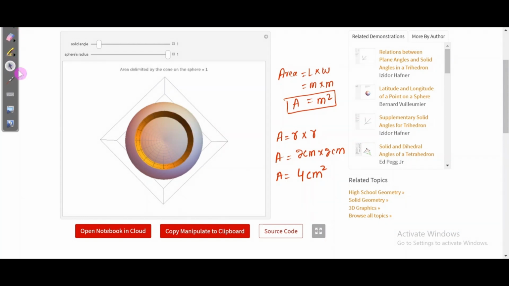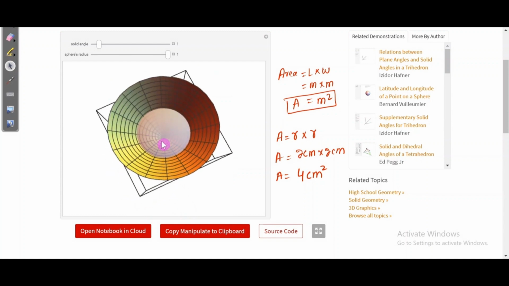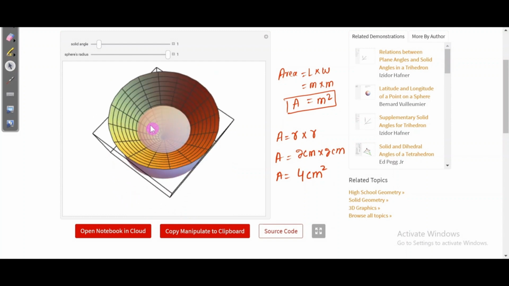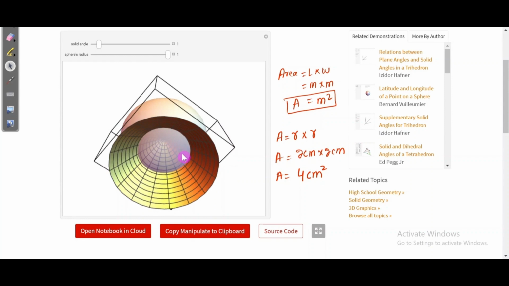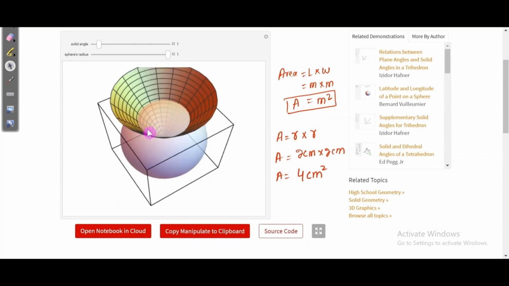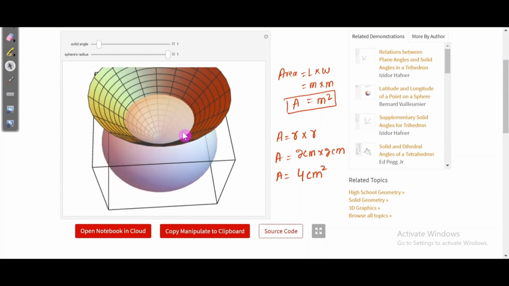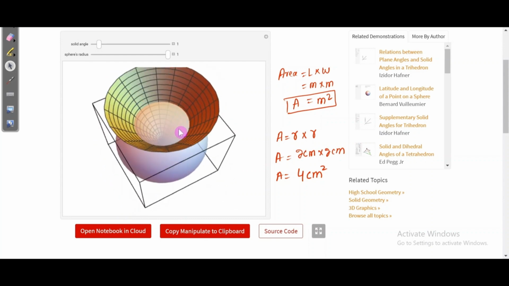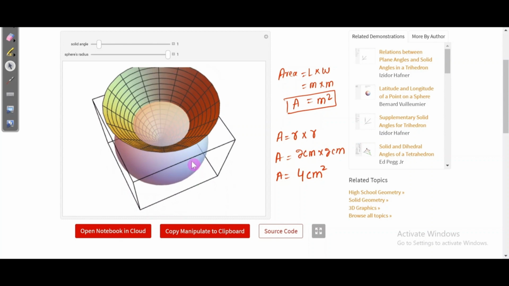This is the area on the surface of the sphere, and the magnitude of this area is 4 centimeter square.